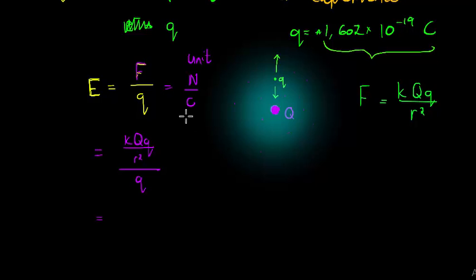So the unit is newton per coulomb. That's the unit for the electric field. The unit for force is obviously just newton. If I now simplify it, notice that the q's can cancel, and I'm simply left with K Q over R squared. In other words, the size of the electric field, depending on how far I am from the center, only depends on the size of Q.